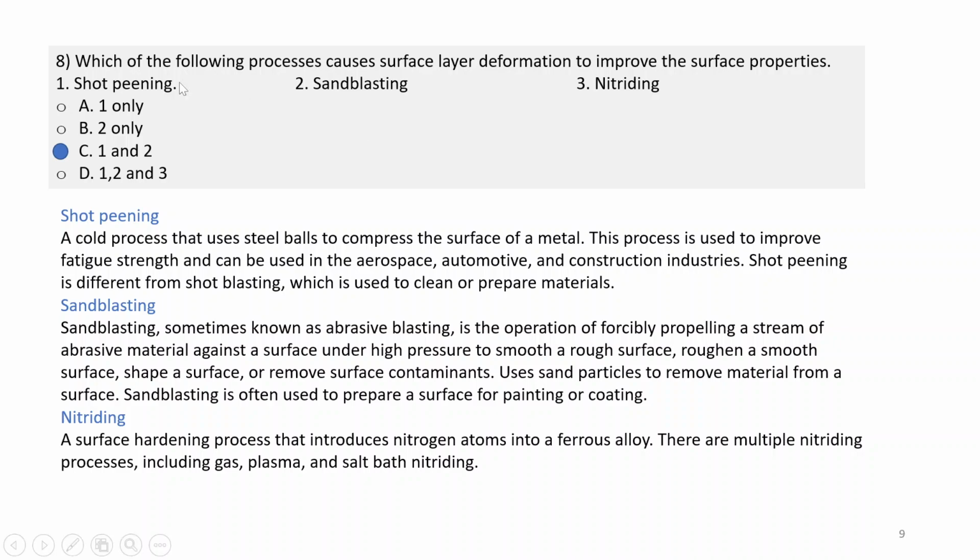Shot peening is different from shot blasting, which is used to clean or prepare metals.